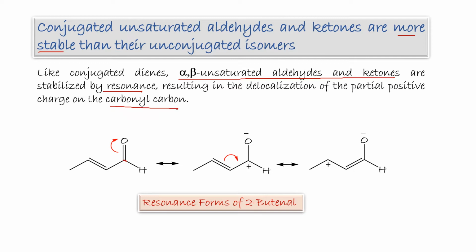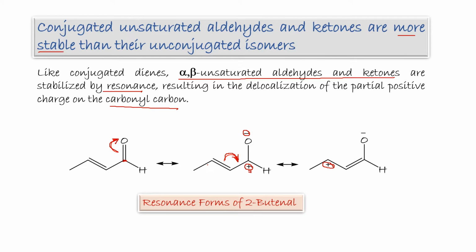The carbonyl carbon carries a partial positive charge and the oxygen carries a partial negative charge. A resonance structure where we have a positive charge here and a negative charge here is one resonance structure. Delocalization of the positive charge from this carbon to that one is one more resonance structure.